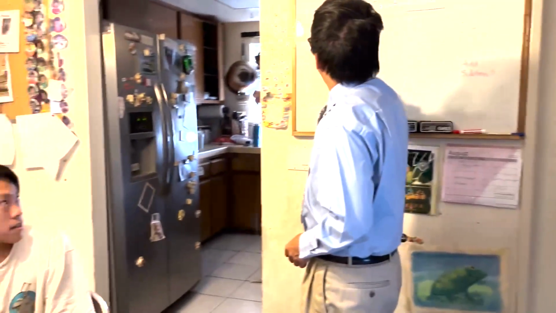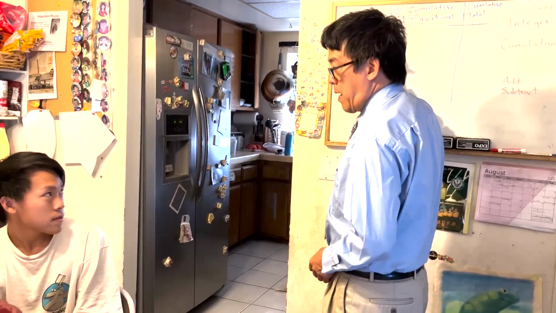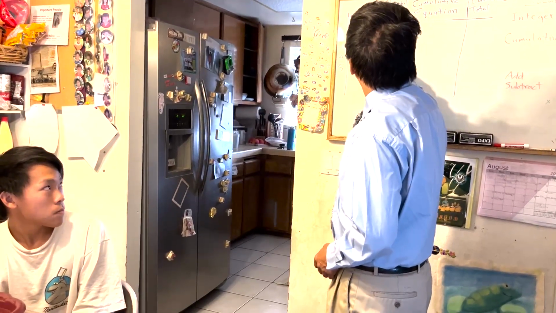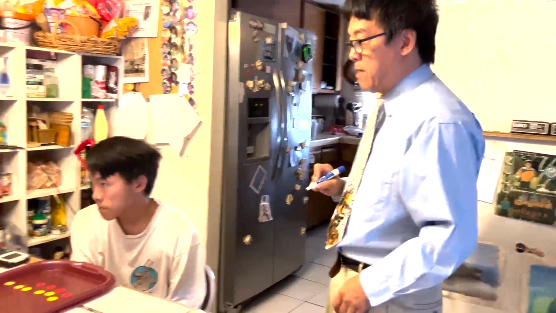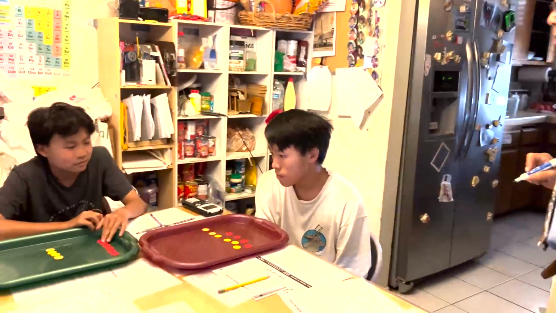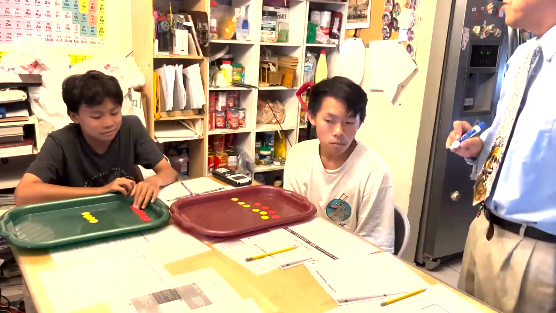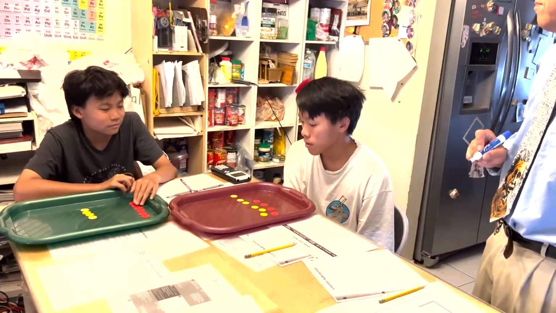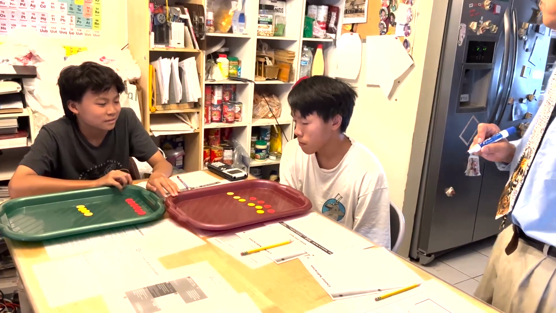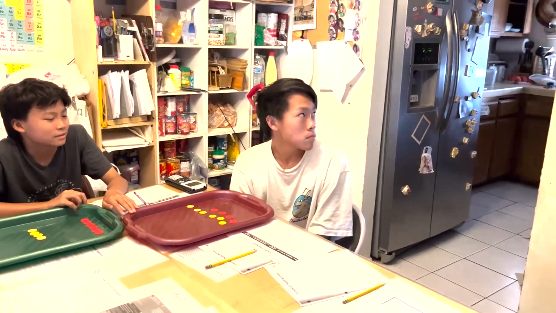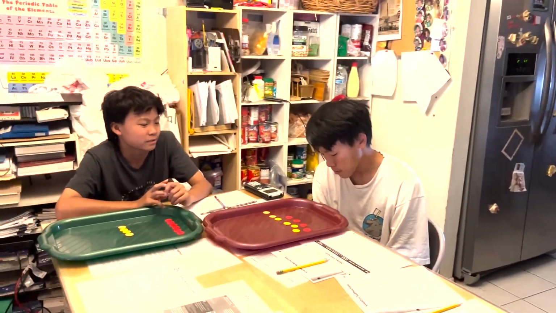6 minus 4. What do you think, Jaden? How are we going to write an equation for that? We're combining, right? We're going to add integers. So what's our equation? 6 minus 4, or 6 plus negative 4.